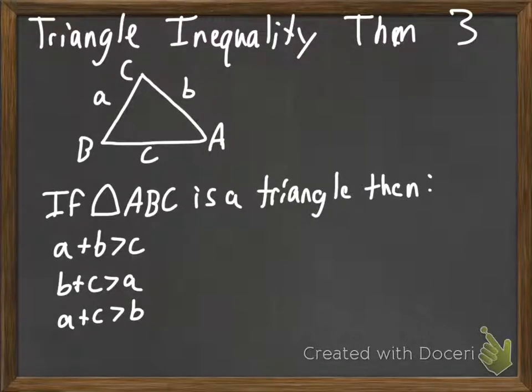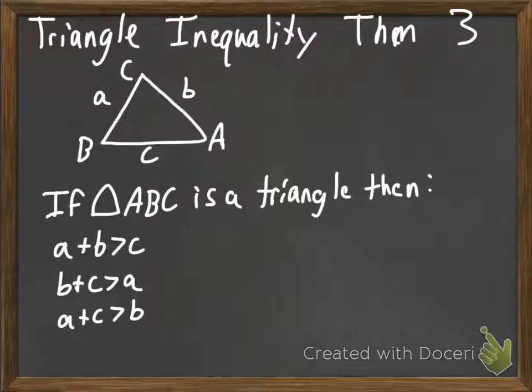The third triangle inequality theorem actually tells us, can we make a triangle? Is what's pictured really a triangle, or is the picture fooling us? It says that if triangle ABC is a triangle, then this has to be satisfied.